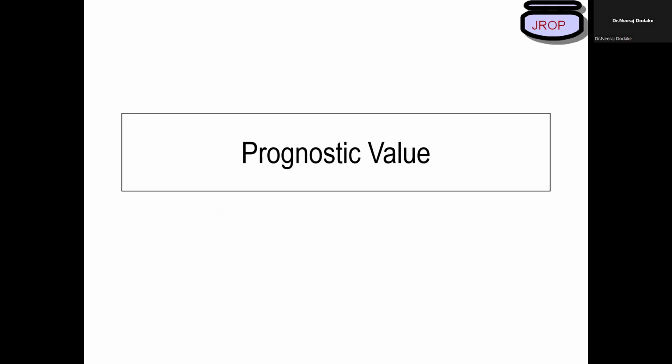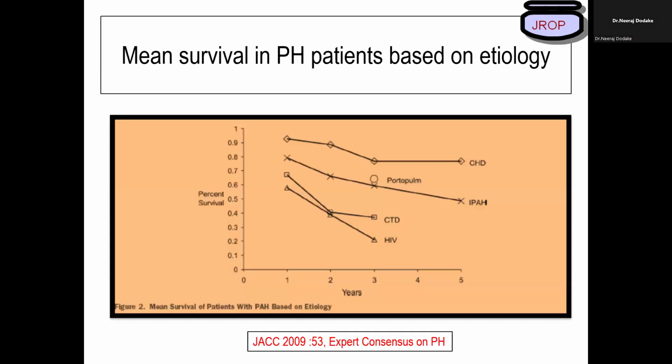Any of you can get up and ask me, look, why are we looking for this pulmonary artery hypertension? Look, it has certain prognostic value. What is the percentage of survival based on etiology? For congenital heart disease, survival is almost 80 to 90%.